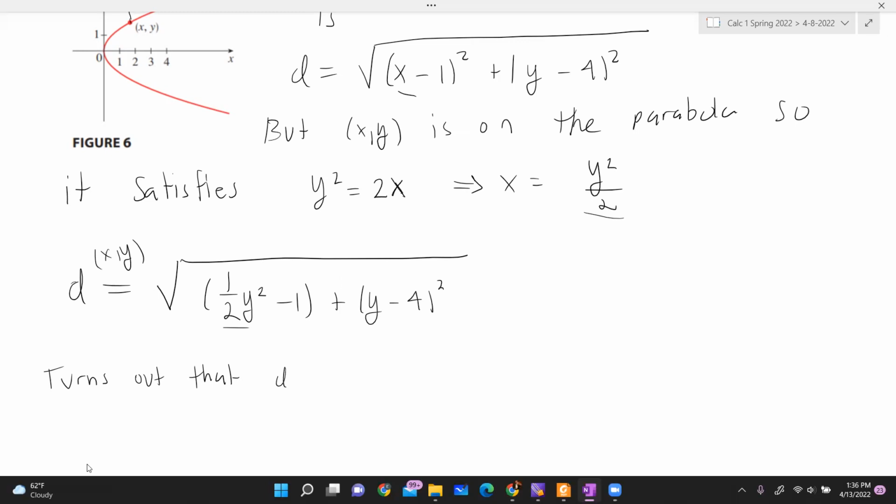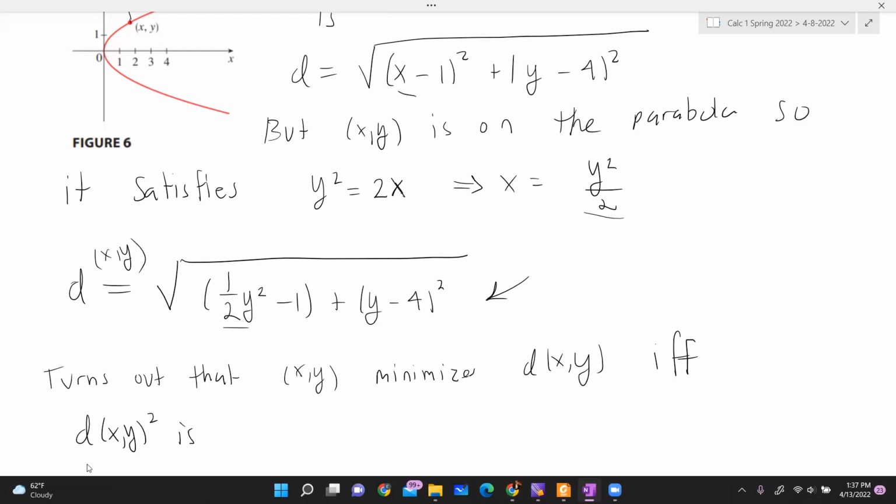So what we want to do is find the x and y that minimizes this function right here. That's what we want to do. I'm sorry, I'm a little foggy at the moment. So it turns out that this point minimizes d(x, y), the distance, if and only if it minimizes this distance squared.